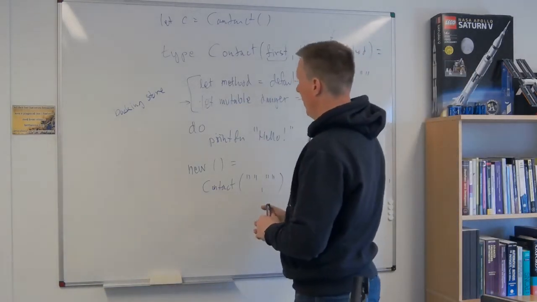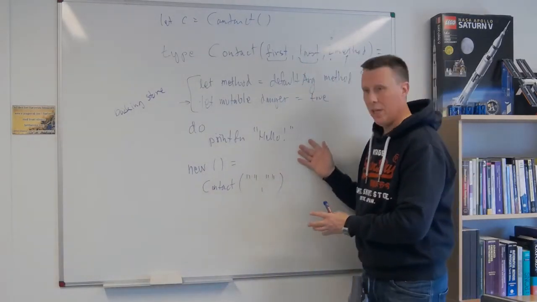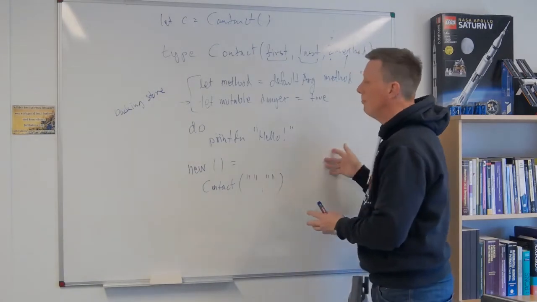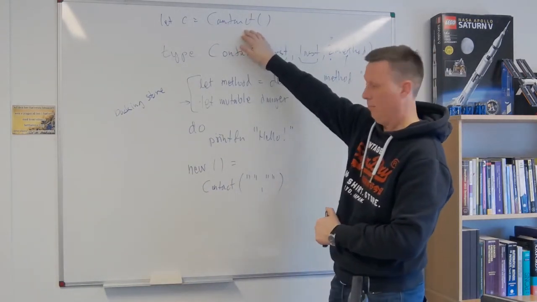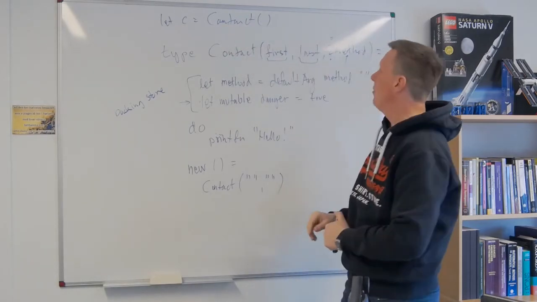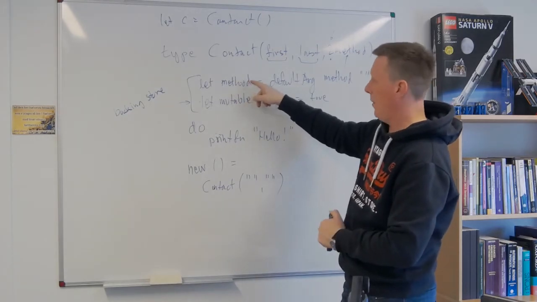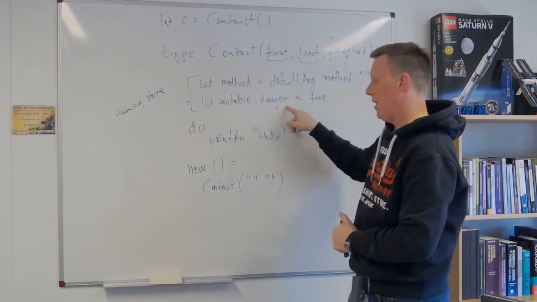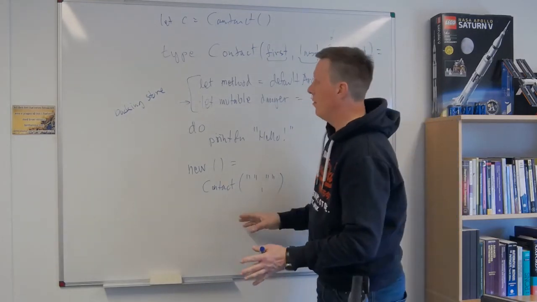Okay. But this is a pretty useless object so far. Because what can I do with this thing? Currently, nothing. Absolutely nothing. I can't read out what the method is. I can't see what the danger thing is, and there are no methods on it.